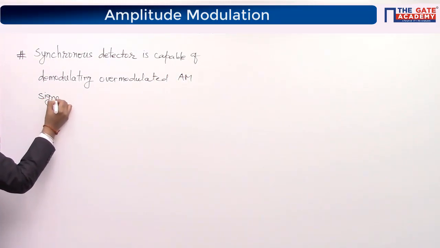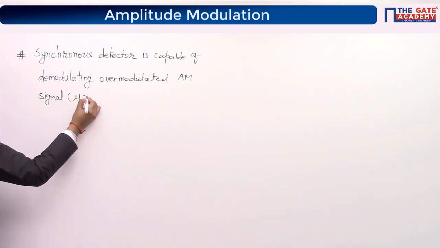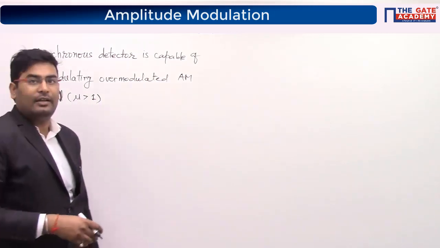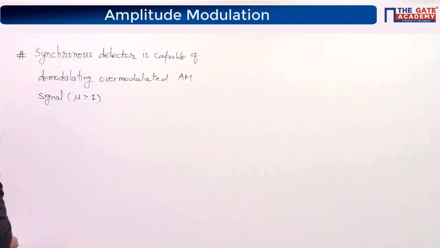That is the first point, and here we call it mu greater than 1. This is the case where mu is greater than 1.